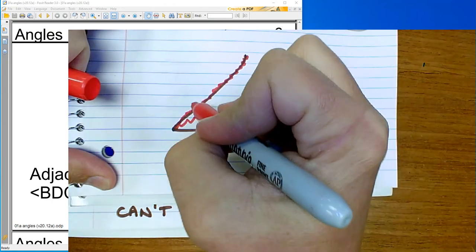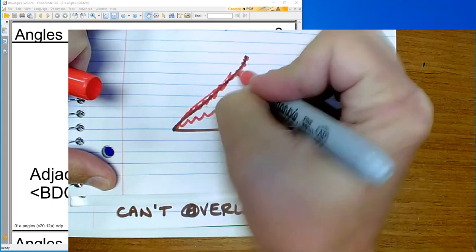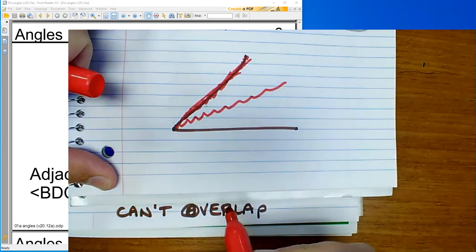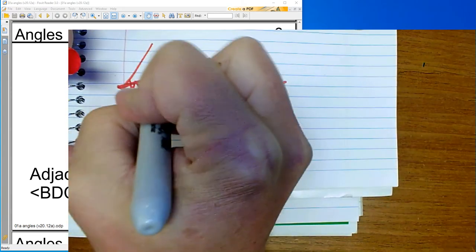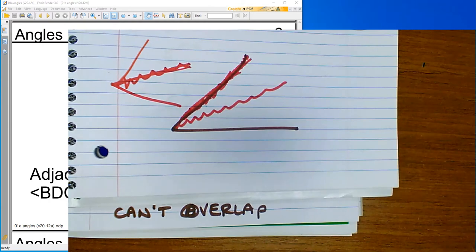They are not adjacent angles, even though they share this side right here. It's got to be an angle and another angle sharing a side like that. Those are adjacent angles. So adjacent angles cannot overlap.